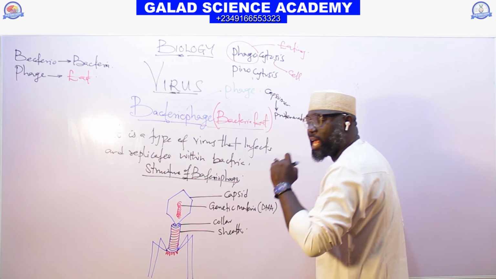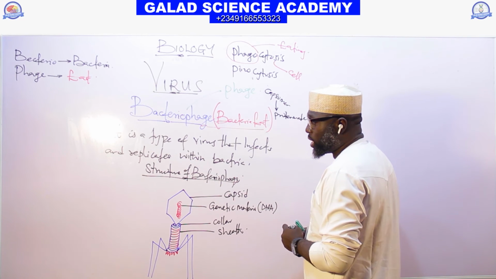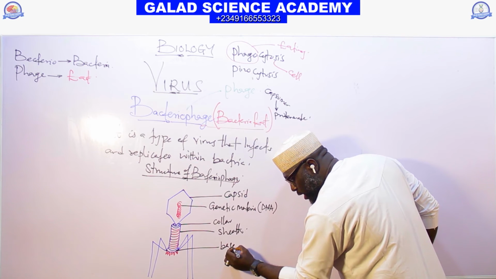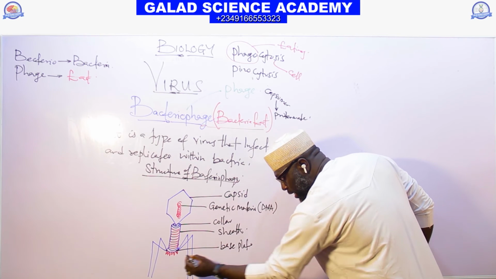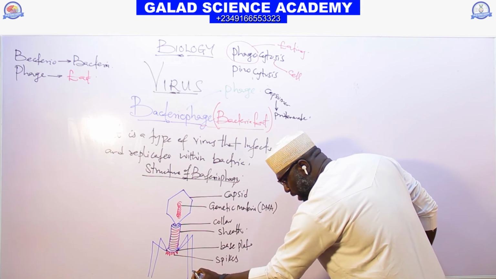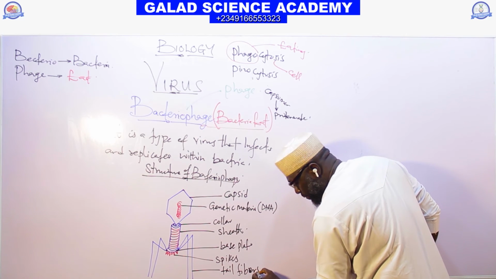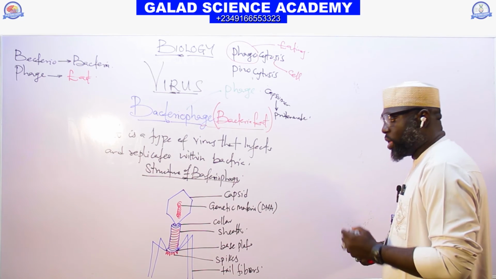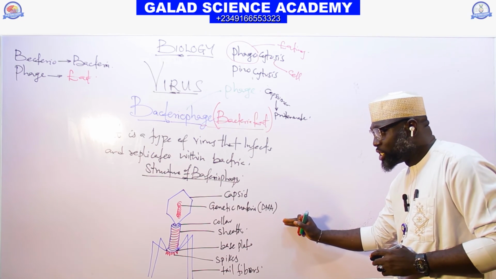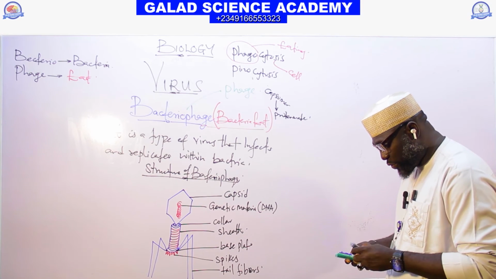And this place, what do I call this place? Oh, base plate. Yes, here we have a base plate. This is spikes. Here we have tail fiber. So these are the basic structures of bacteriophage.